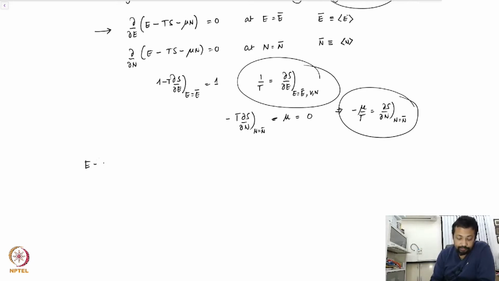Then let's write down E minus TS minus mu N around E bar and N bar, and that idea is very straightforward. We have done this.